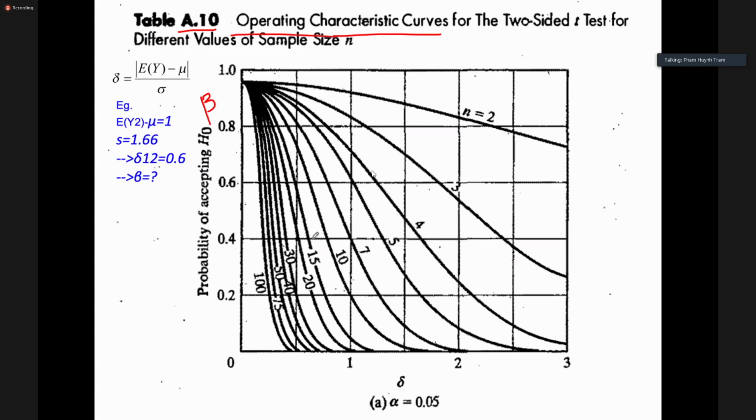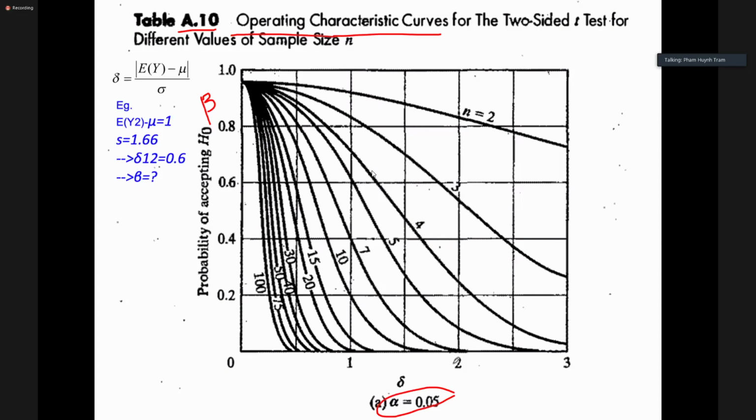Okay, and you can have a different table for different alpha values. For a standard value of alpha, we usually choose 0.05, 0.01, 0.025. That is the common value of alpha, which is acceptable. So let's say if you choose alpha equal to 0.05, then you look for the OC curve, the operating characteristic curve for alpha equal to 0.05.